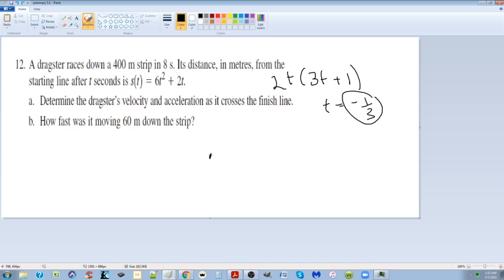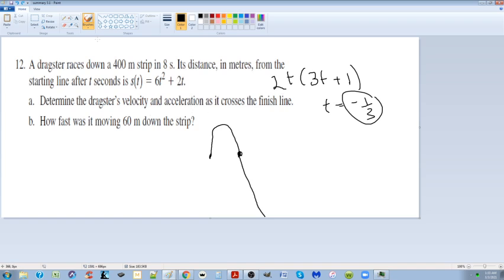So somewhere here it goes up, and at 0, it's downwards. From there on, it's going like that. It only cares about this part.